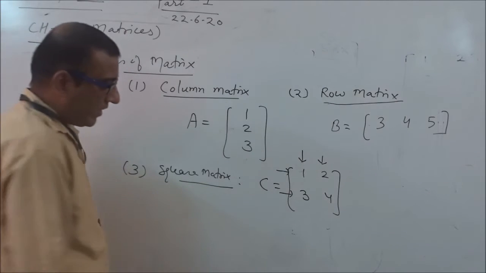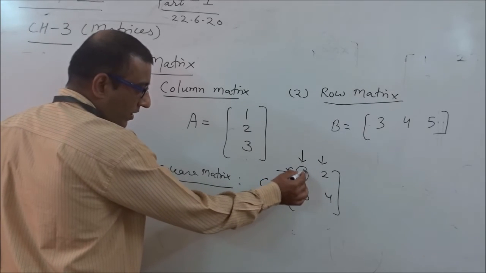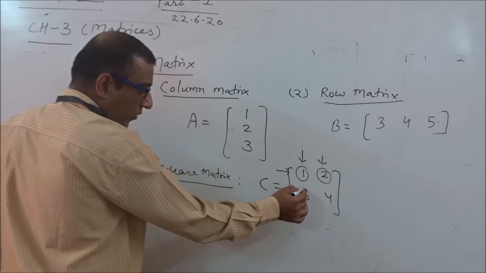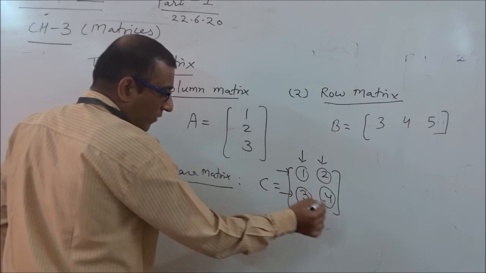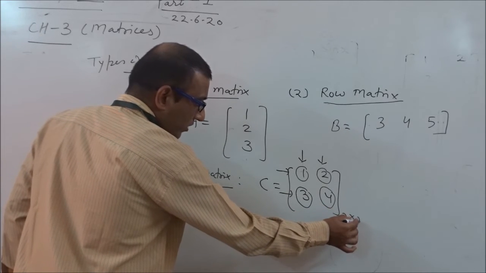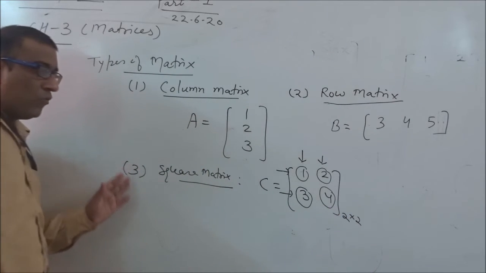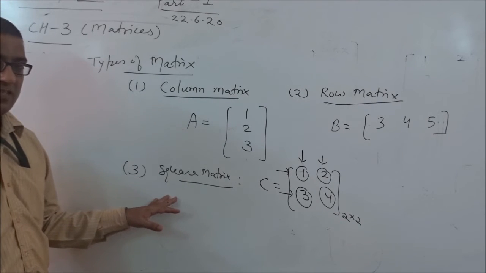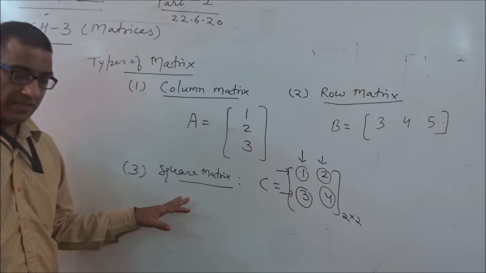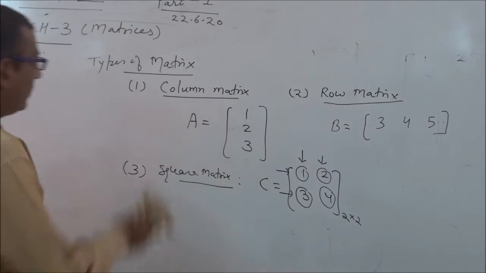If you see in this matrix, it is your small a11, this is your small a12, this is your small a21 and this is your small a22. 4 elements are there, that's why order of this matrix is 2 into 2. So if rows and columns both are same, we can say such type of matrix is known as square matrix.